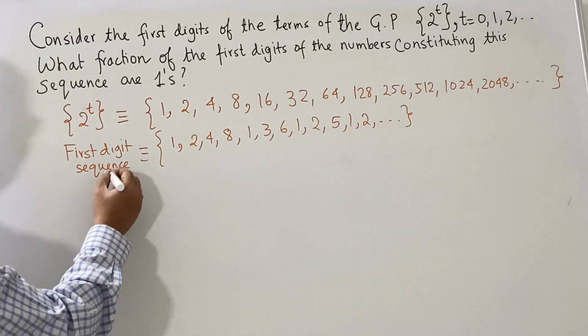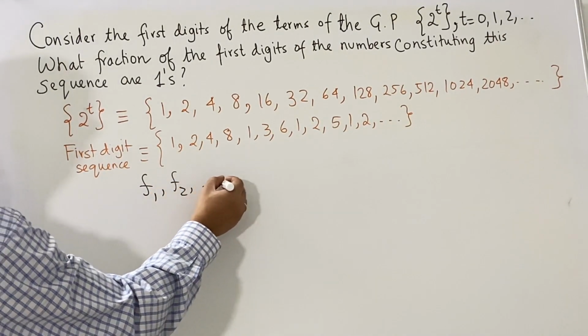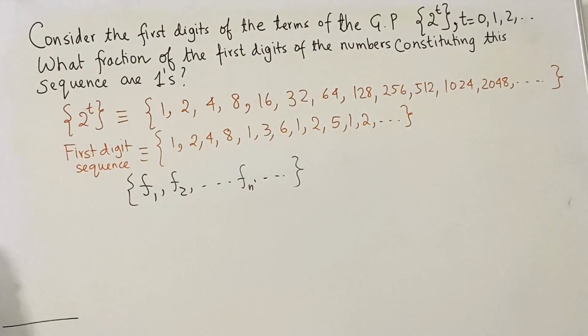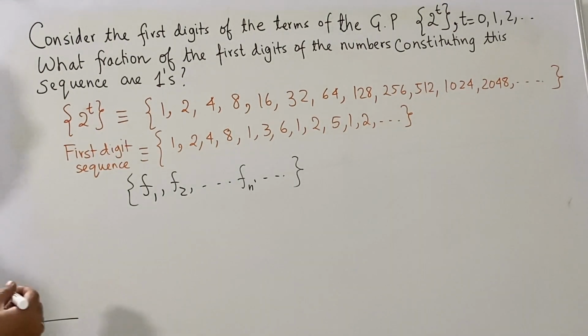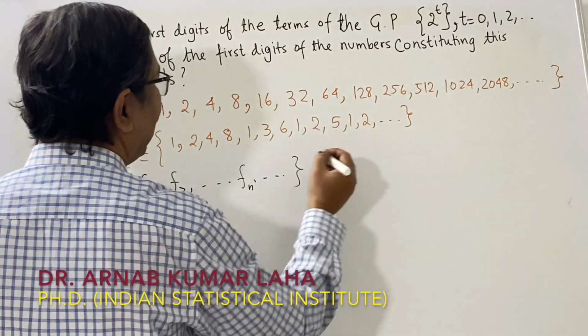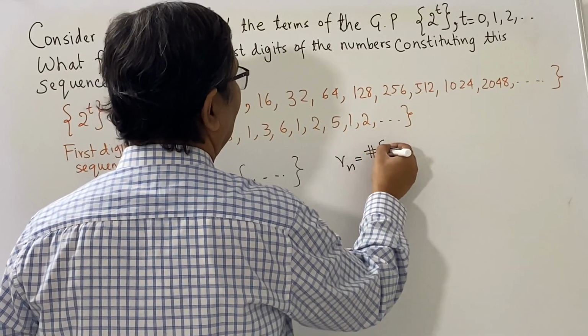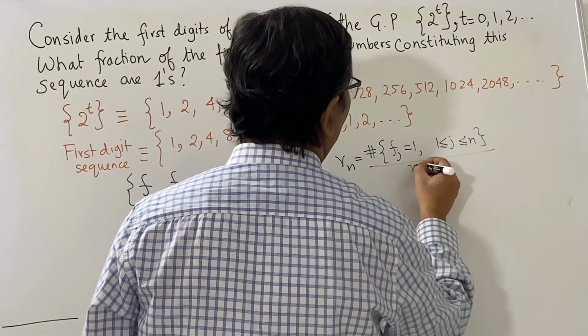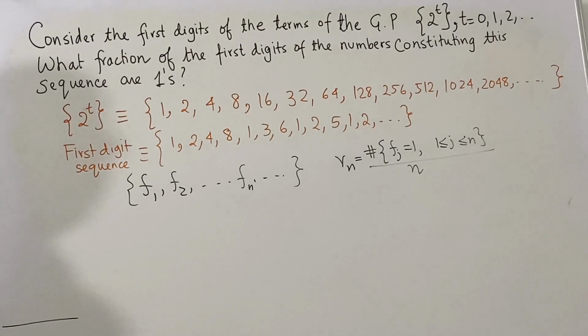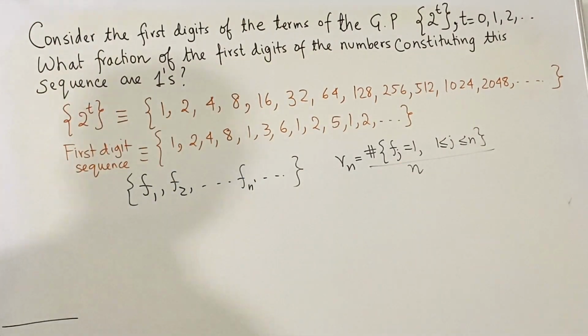So let this sequence be called f1, f2, fn, etc. We look at the ratio up to term n, which I will call Rn. This Rn is the cardinality of this set divided by n, that is, the number of terms in the first digit sequence which are 1, divided by n. So it is the fraction up to term n.